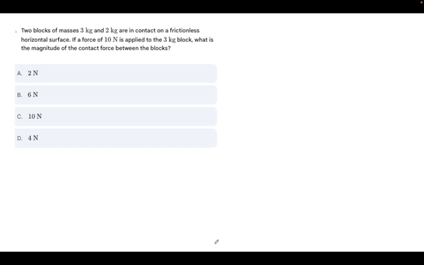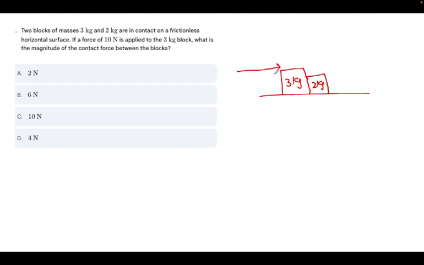So let us try to solve a similar problem. Two blocks of mass 3 kg and 2 kg are in contact on a frictionless horizontal surface. So there are two masses, one is 3 kg, the second is 2 kg. They are in contact.